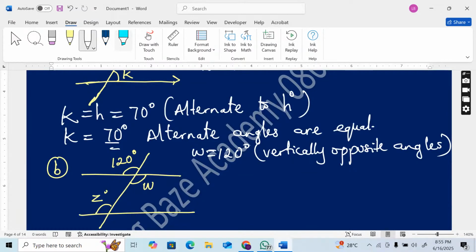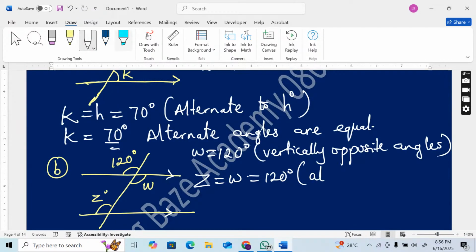You can see that the transversal and one of the parallel lines form X. W is on the right side below the first parallel line. Then Z is on the left side on top of the parallel line. So Z is equal to W, and that's equal to 120 degrees.